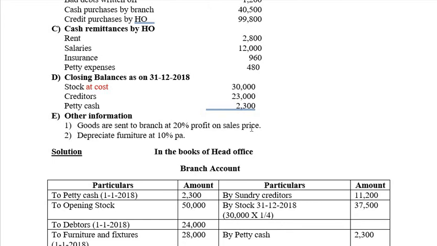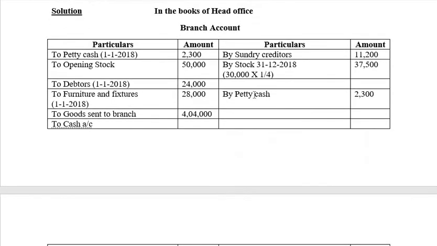Similarly, when you reduce this, it turns out to be one fourth and one fifth. One fourth at cost price and one fifth at invoice price. So the stock on 31st 12 is at cost, which is 30,000. So you will give it to the credit side of branch account.